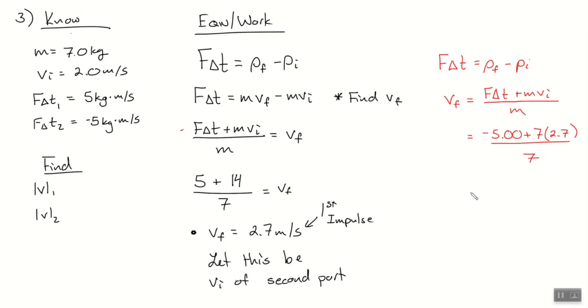I would call it 1.99. This is what I come up with. 1.99. About the same. So if we think about it, I think it makes sense. If I add momentum in this direction and then undo that by doing the exact opposite, it should slow it down to about the same, right?